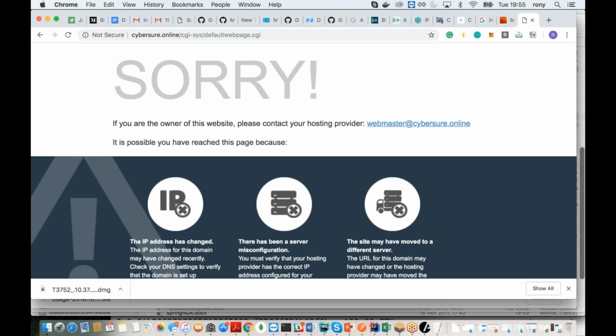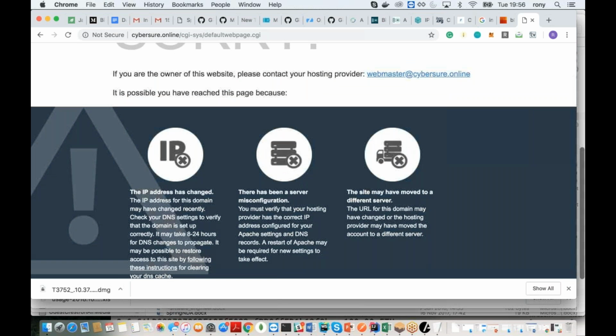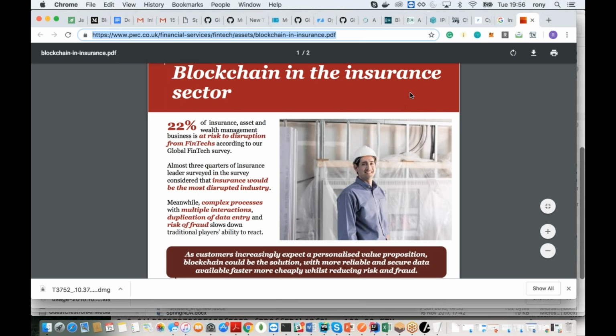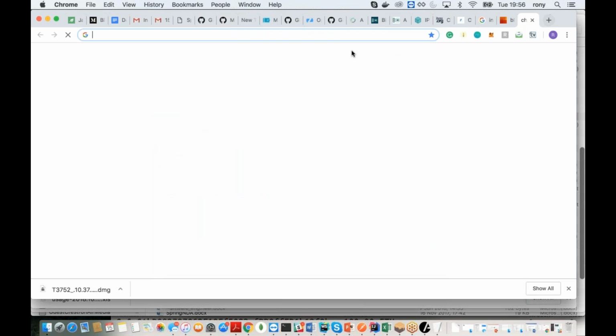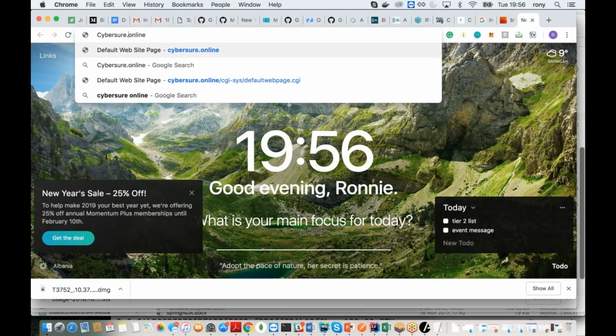So their website is not even set up. I don't know. Maybe they just have a domain they want to have. If you search for Cybersure, just Cybersure, without online.